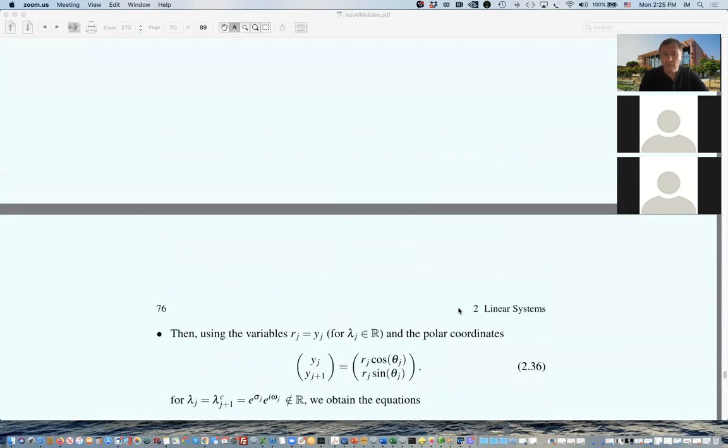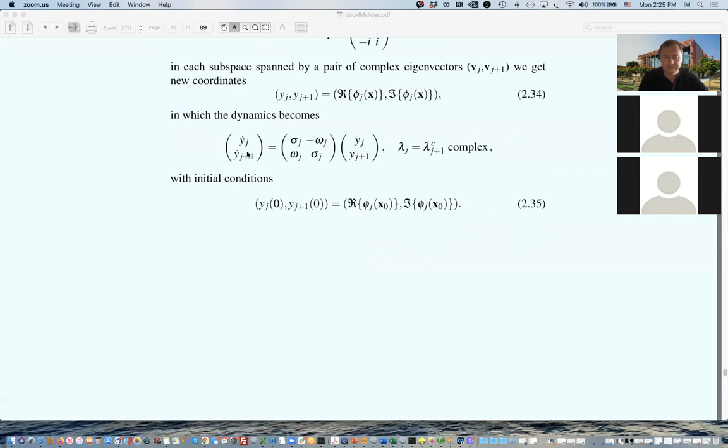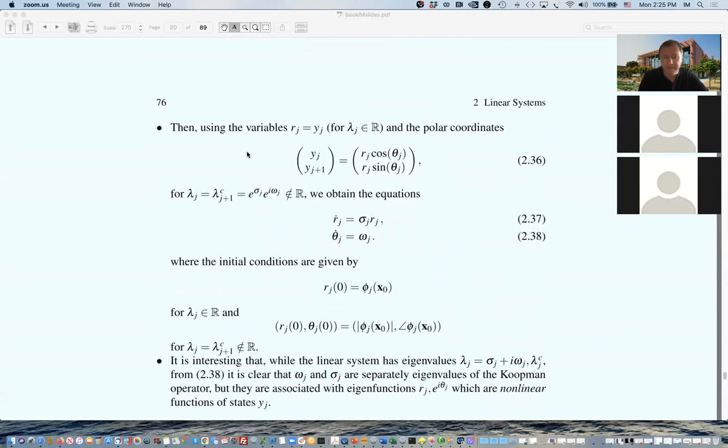So now we can go a step further. We could use polar coordinates in this plane, defined as the span of the eigenvectors vj and vj plus 1, this complex conjugate pair, so that the plane is spanned by the real part of vj and imaginary part of vj, or equivalently the real part of vj plus 1 and imaginary part of vj plus 1. Let's use polar coordinates in this plane.